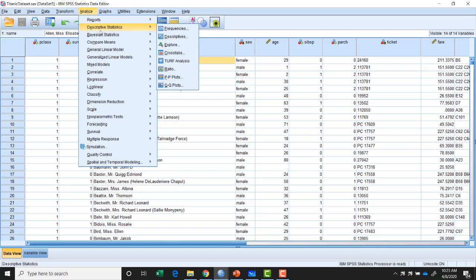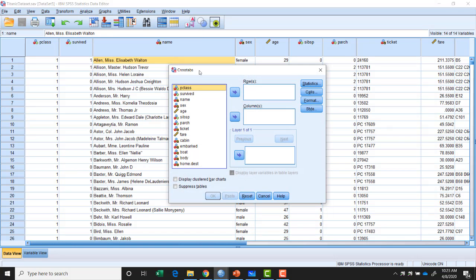We go to Analyze, Descriptive Statistics, and we're going to use the Crosstabs functionality. Remember, this is what we used when we were creating these two-way tables. The contingency table I talked about is really just the two-way table we talked about in chapter 11. So we're looking at whether class is associated with survival.